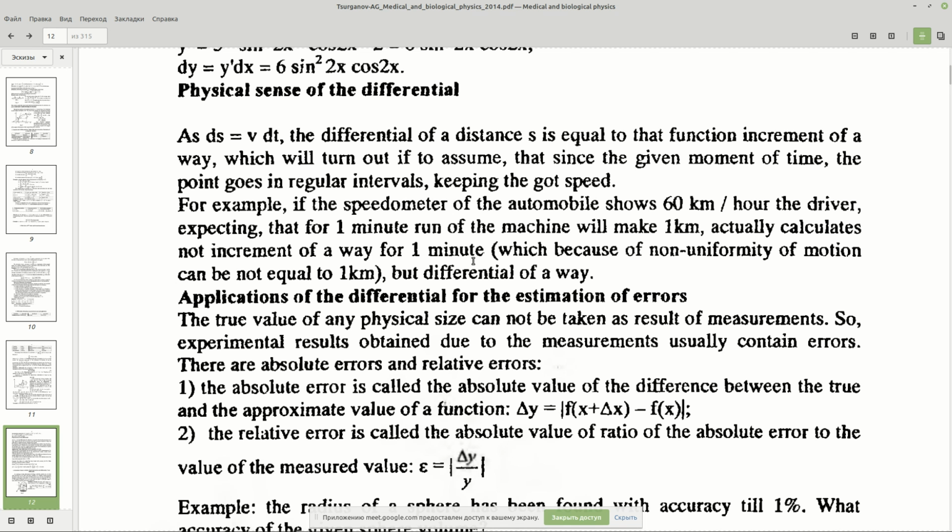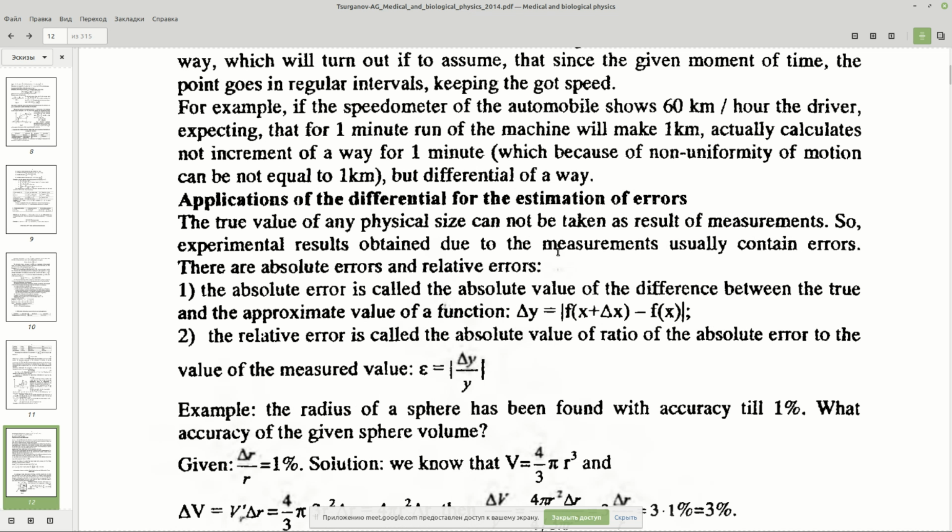The absolute error is the absolute value of the difference between the true and approximate value of a function, delta y, that is, the difference between f(x plus delta x) and f(x). The relative error is the absolute value of the ratio of the absolute error to the measured value, epsilon equals delta y divided by y.